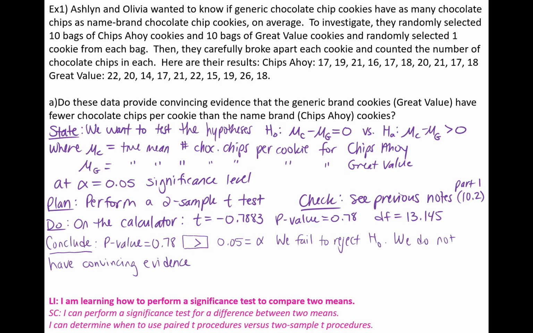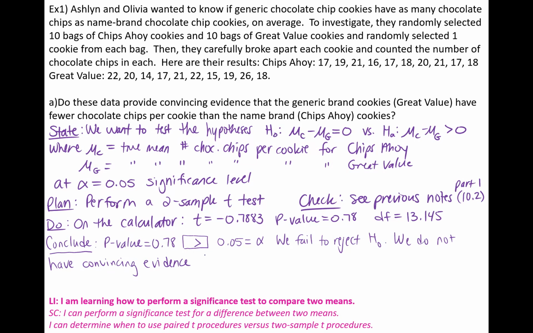Well, if we go back to our state, we were trying to show that the difference between the Chips Ahoy and the Great Value cookies in terms of chocolate chips was greater for the Chips Ahoy than the Great Value.